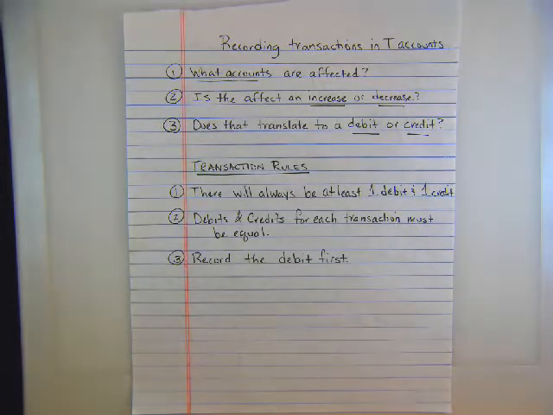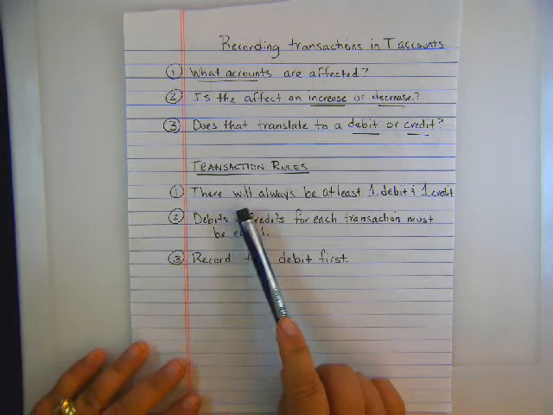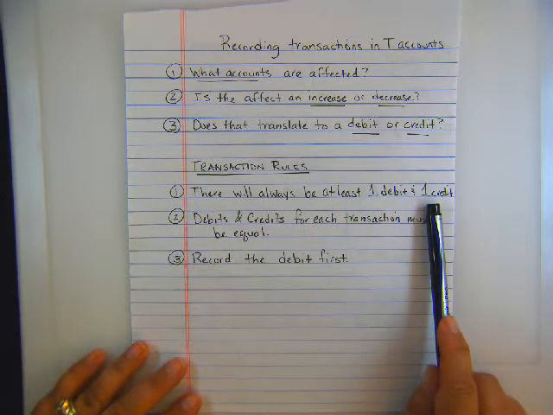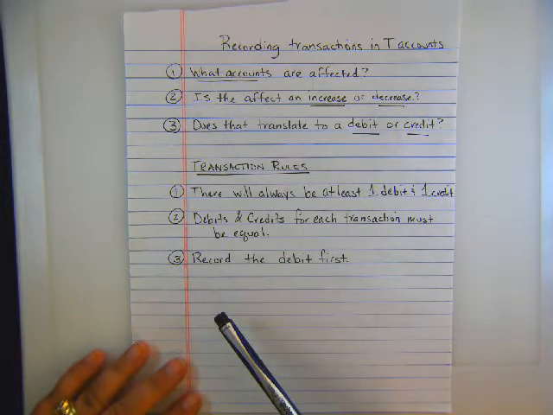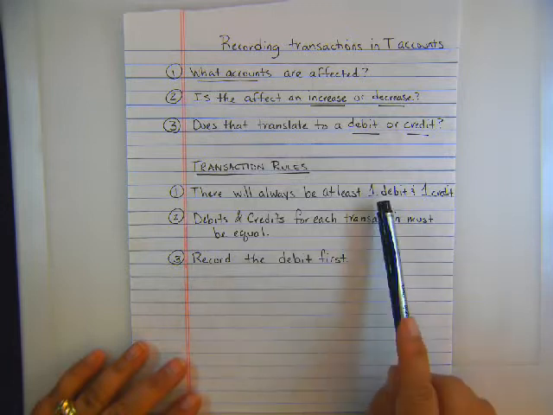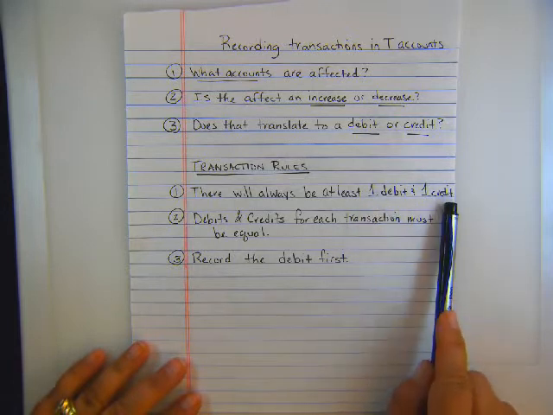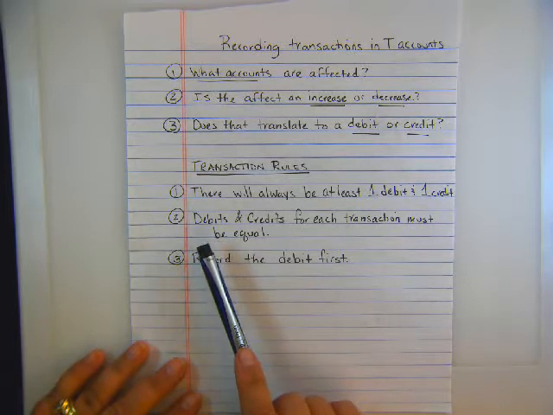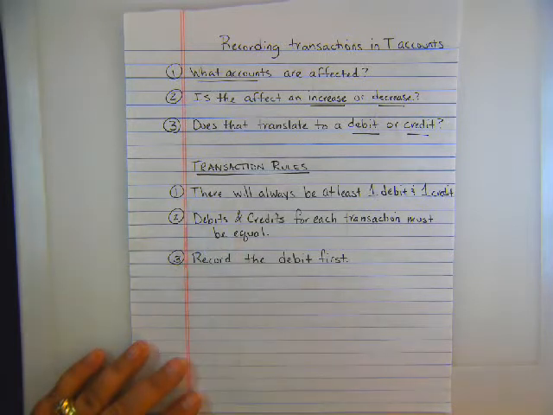Now, as far as other rules you need to know when recording transactions, you have to remember that there will always be at least 1 debit and 1 credit. You're never going to have a transaction that involves only debits or only credits. There will be at least 1 debit and at least 1 credit. And also, when we record our transactions, the debits and credits for each transaction must be equal.